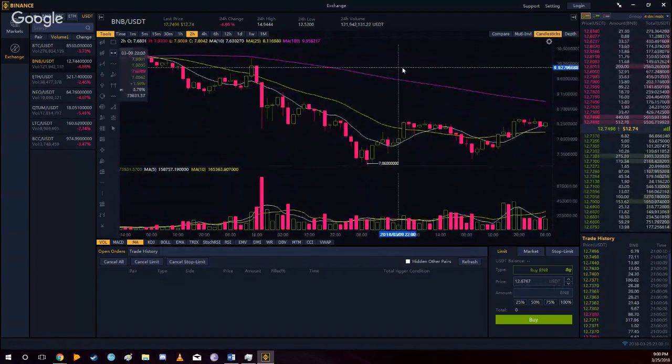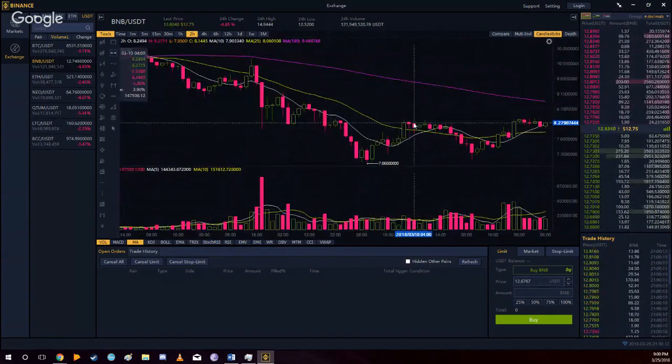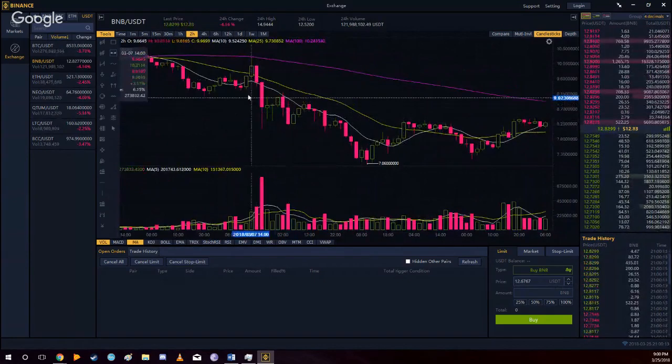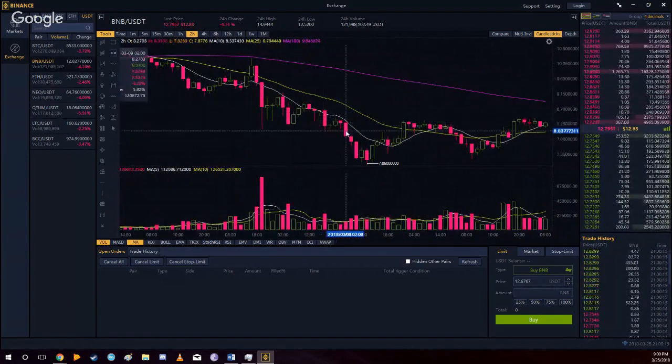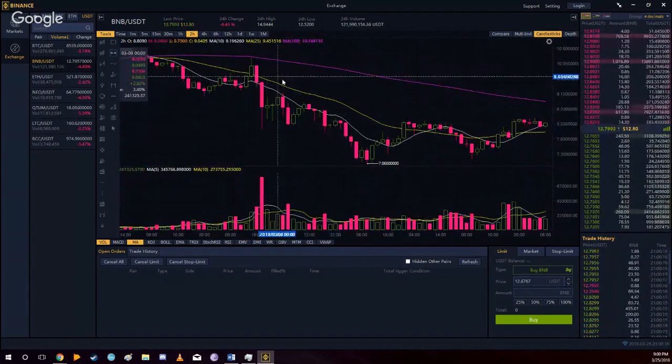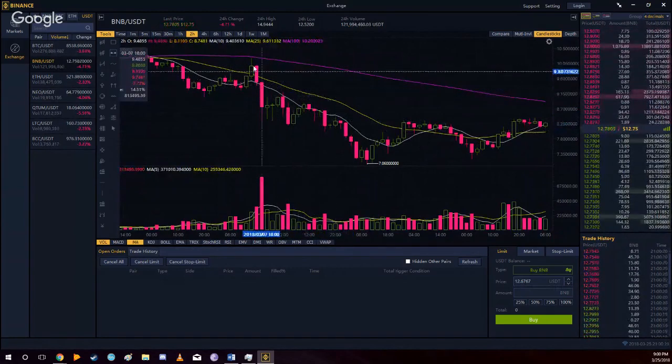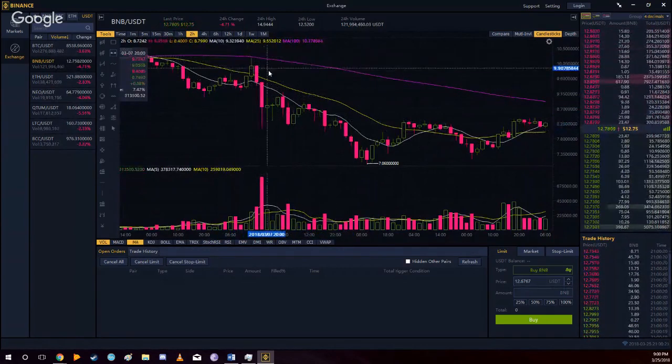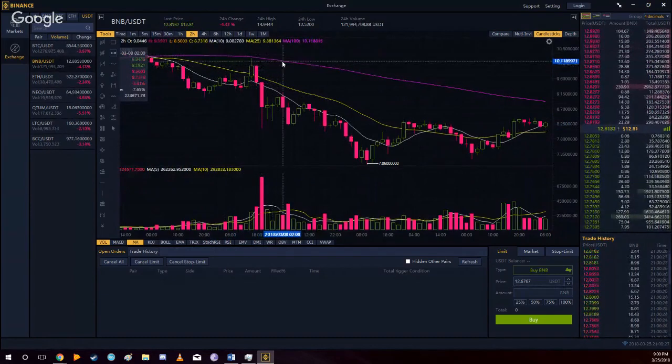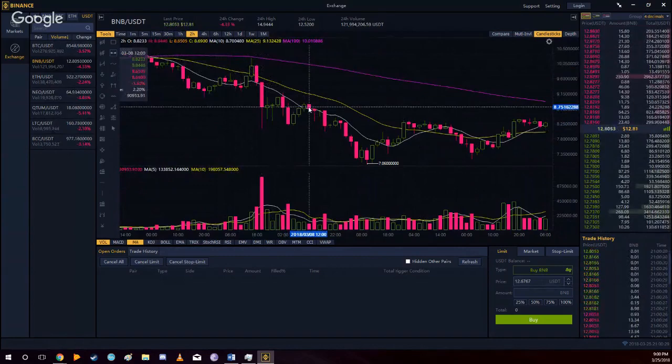If you see a pattern here, the pattern is that while moving down, it never pierced the MA25 again until this point right here. And that is a bad sign because it meant it's in a descending trend, and it's hard to break out of it.